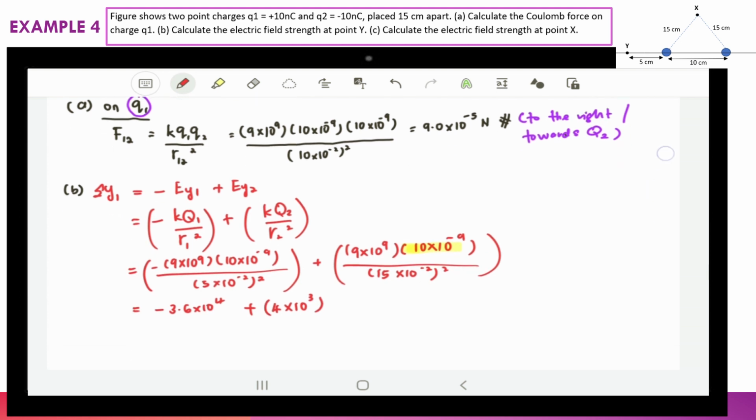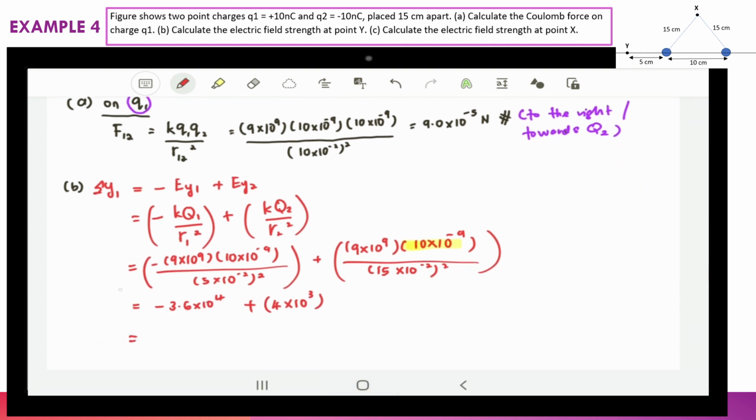Okay, and then the final answer, the total electric field strength at Y. So the answer is equal to negative 3.2 exponent 4 Newton per Coulomb.